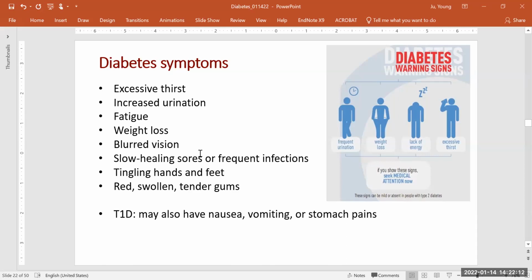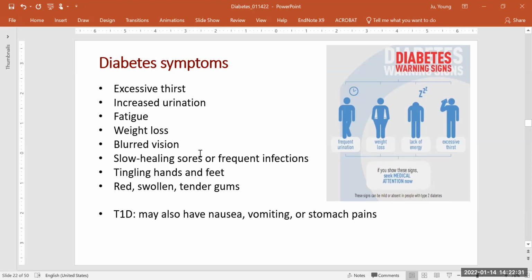Diabetes symptoms vary depending on blood sugar level and insulin production capability, including excessive thirst, increased urination, fatigue, sudden weight loss, and blurry vision.